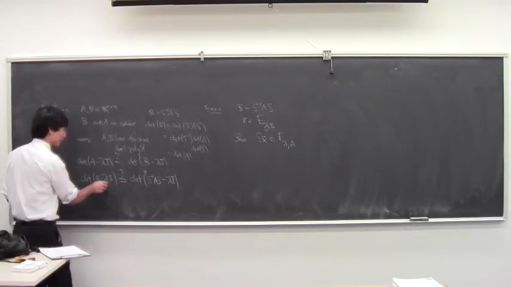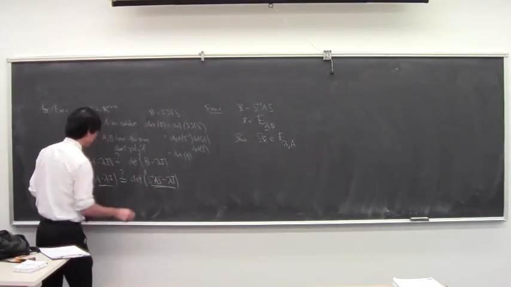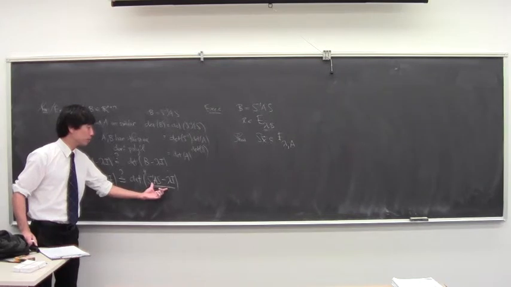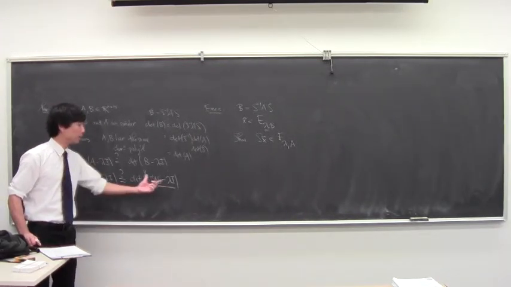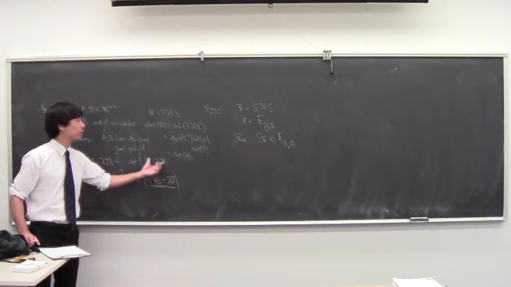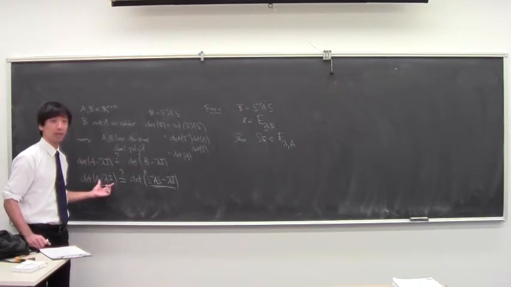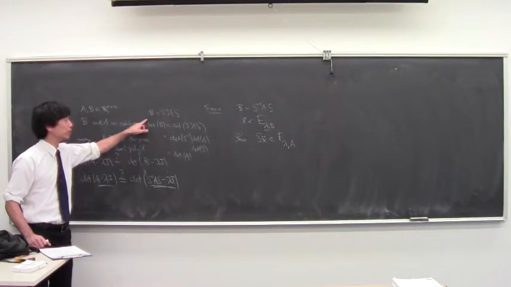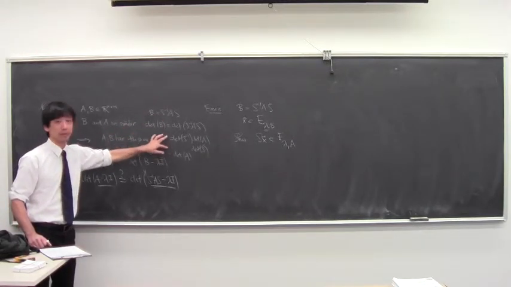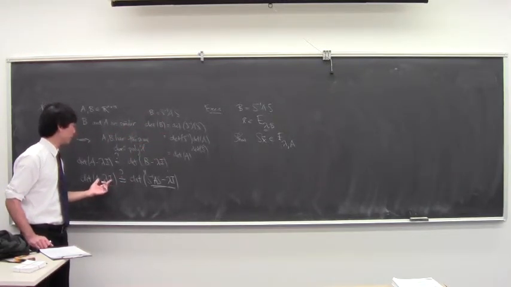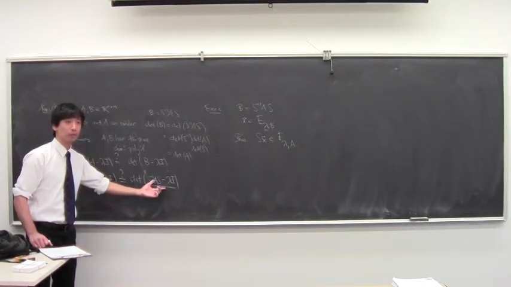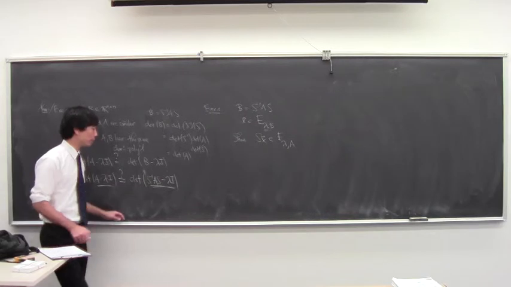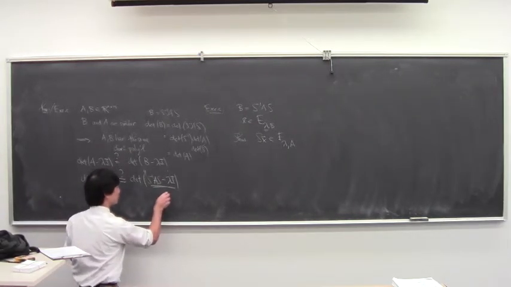So here's the trick. You say, well, I would really like this and this to be similar to each other, because I know that the determinants of similar things are equal. We just showed if things are similar, then they have the same determinants. So can you realize this and this as similar things? Sure. It's just a trick.